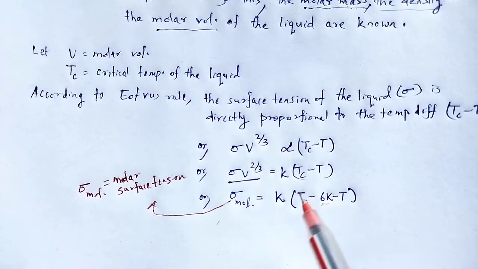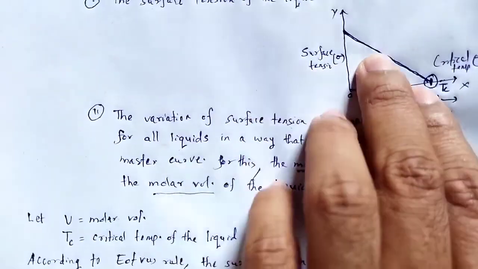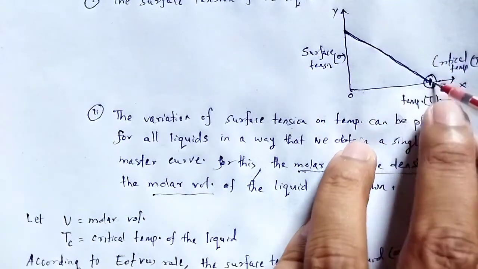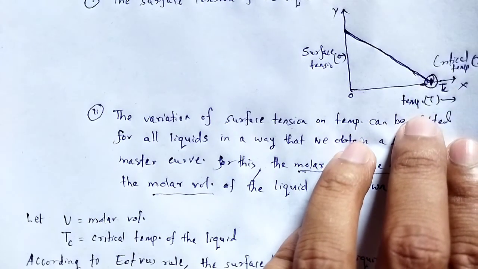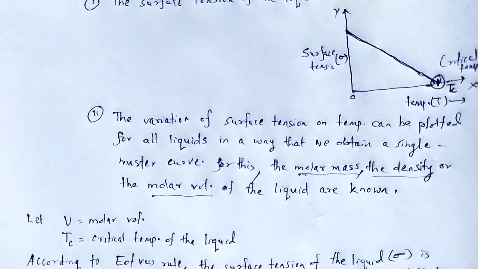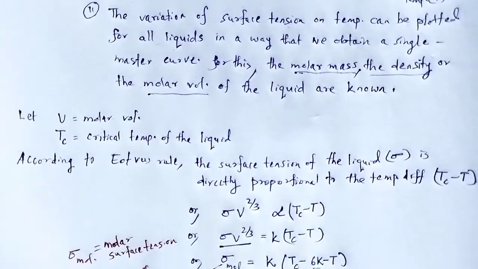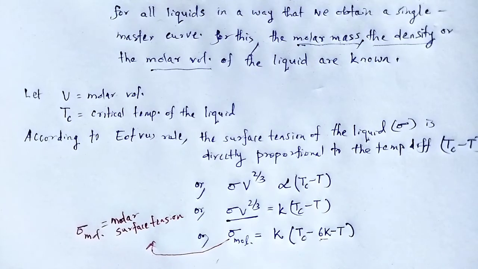Now this confirms that the line of the graph shown in the figure normally passes the temperature axis 6 Kelvin before the critical temperature. Edwards rule was first found in 1896, and the correction, that is 6 Kelvin, the correction factor, was introduced by another scientist, William Ramsay.